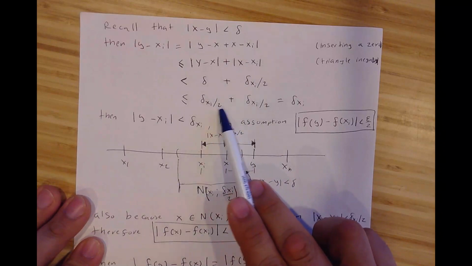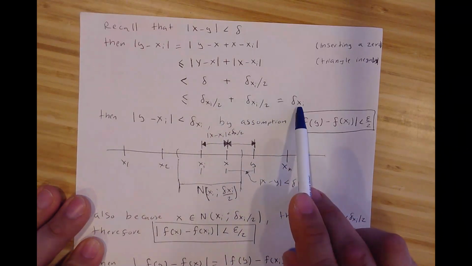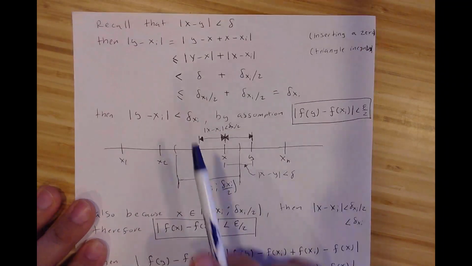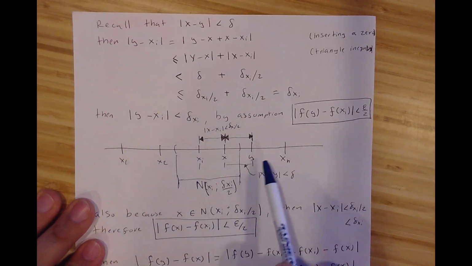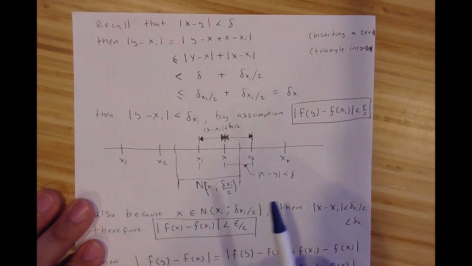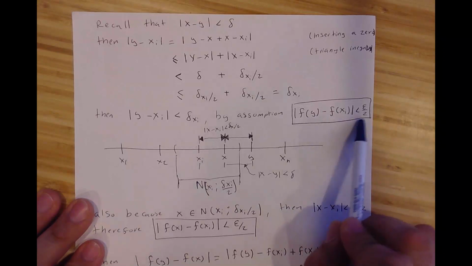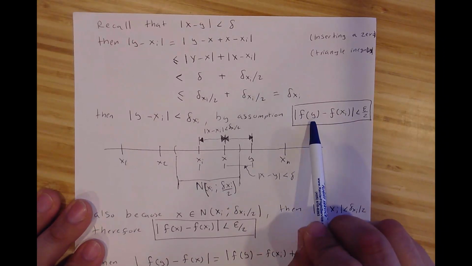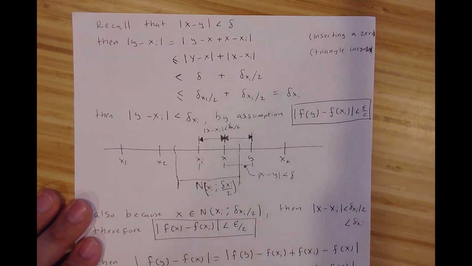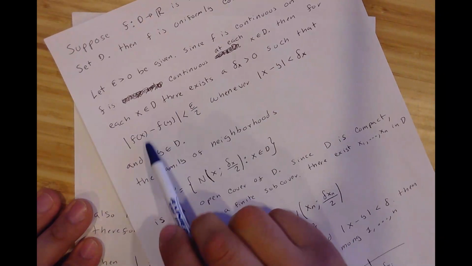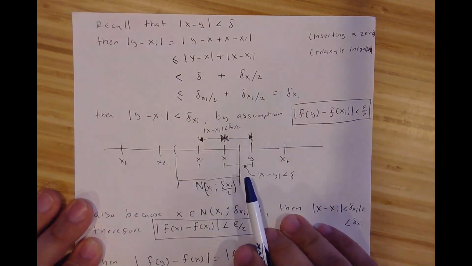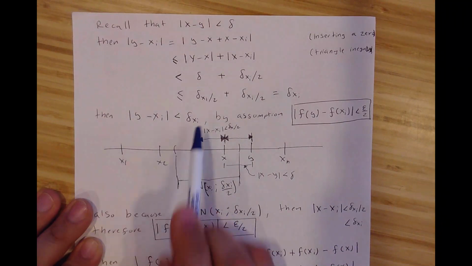Because we have half and half, we have delta xi. So we can say that the distance from y to xi is less than delta xi. And by the assumption we made at the beginning, the difference of the evaluation of the function is less than epsilon over 2. Then we ensure that this is correct.